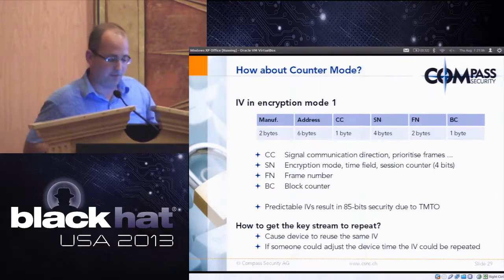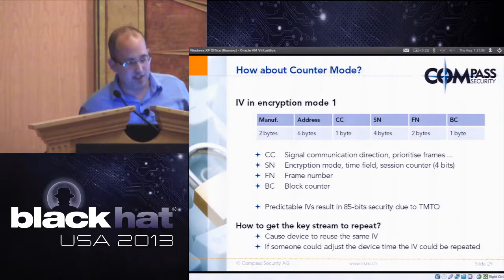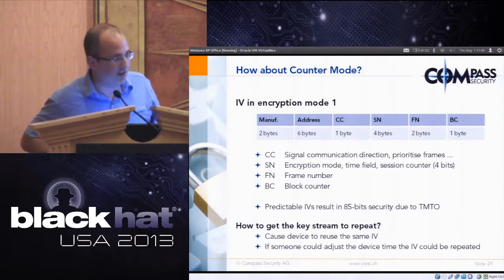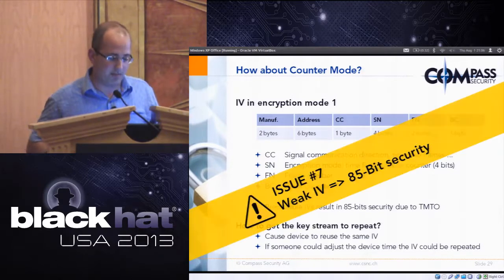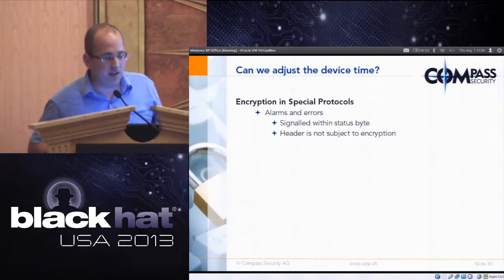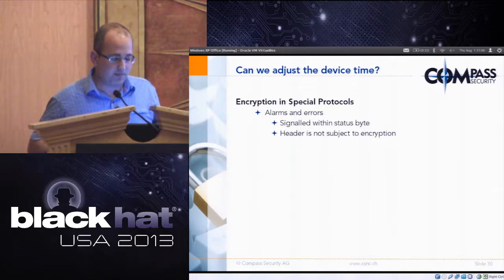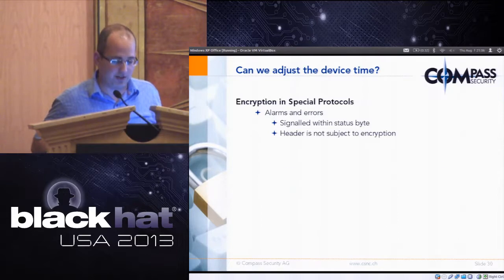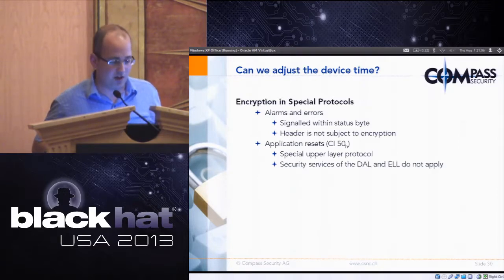Okay. So let's see whether we can manipulate the time. For that purpose, we need to have a look at the other protocol parts. There are special protocols for signaling alarms and errors. That's a special part of the protocol. It's not subject to encryption, so you can always get information from that. You know exactly what errors and alerts are being sent.